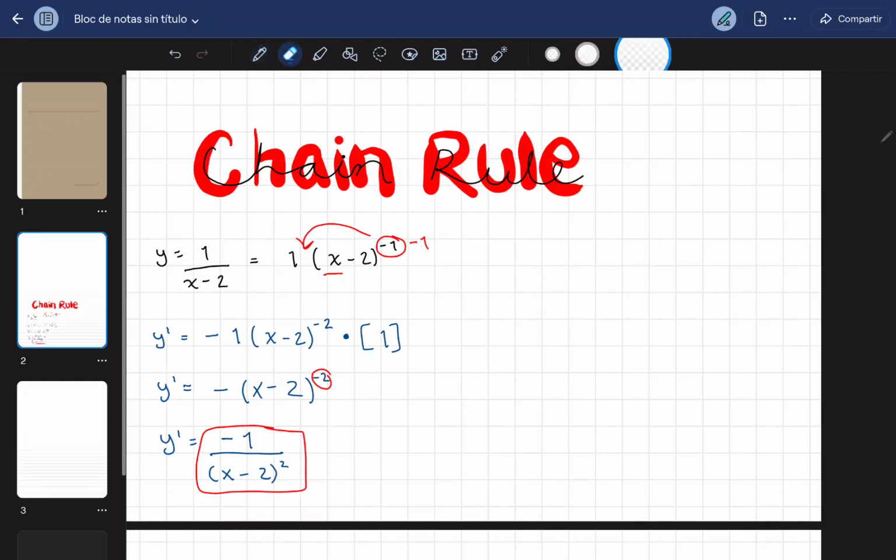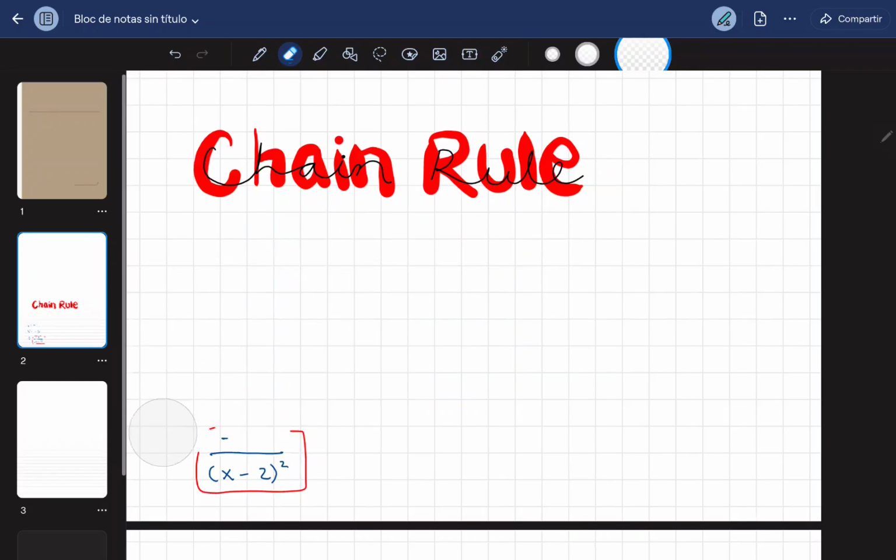Okay, so let me erase this and let's continue. Okay, so what happens if we have a trigonometric function?